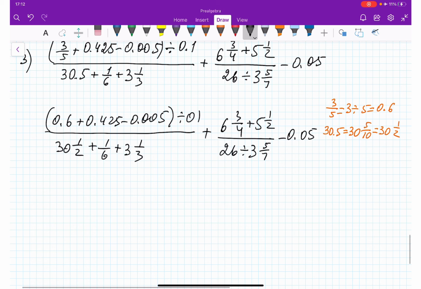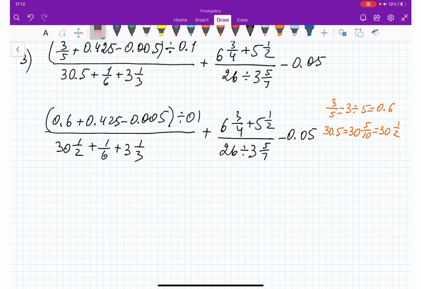All right, so the whole numerator, this addition and subtraction, I can do. Let's do step by step. First, although in order of operation you can do addition first and then subtraction second, I see it's easier to subtract first, because of 3 digits, and then add to 0.6. So that's exactly what I'm going to do.